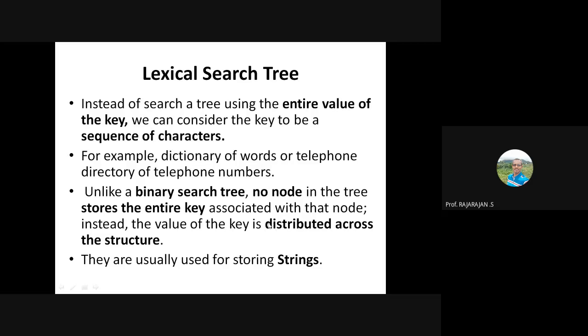Here in the lexical search tree or the trie structure, the key is actually distributed across the different levels. Whereas in the binary search tree, each node contains a unique key. So in a normal binary search tree, each node contains an entire key and they are unique and independent. But here the single key gets distributed across multiple nodes.